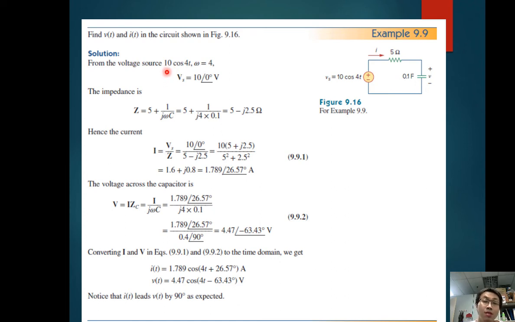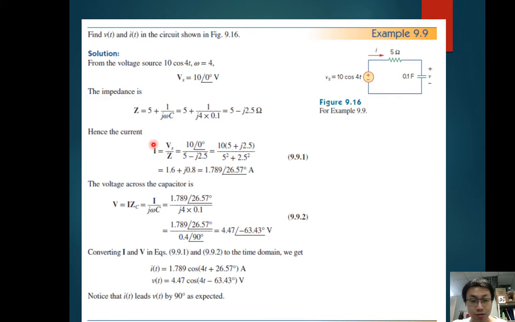So Vs becomes 10 with angle 0, since it starts from 0. Then the impedance will be added up together, 5 plus 1 over j omega C. My omega comes from here, 4. My C is 0.1 farad. So I use the calculator, and I find this one.